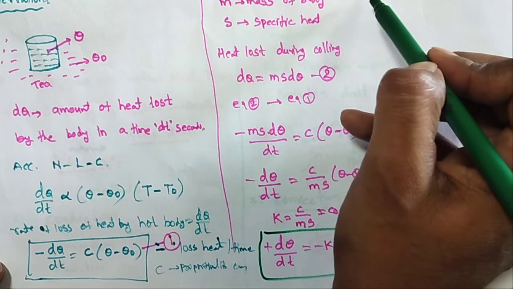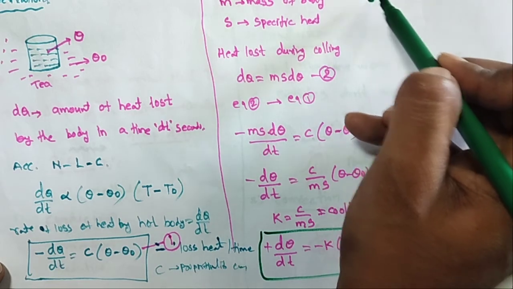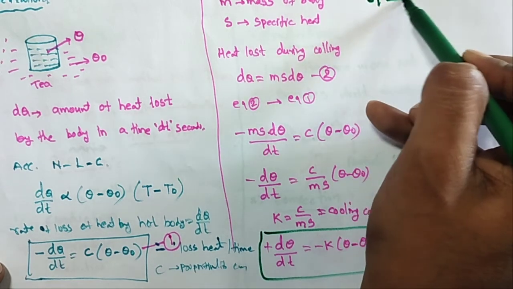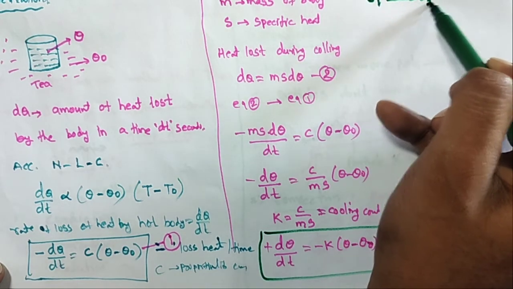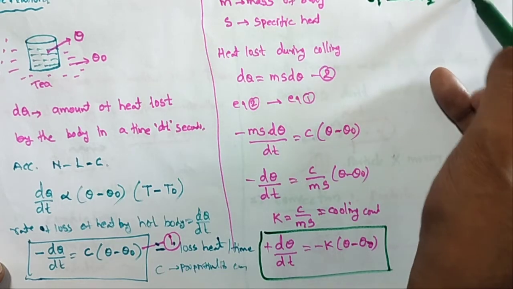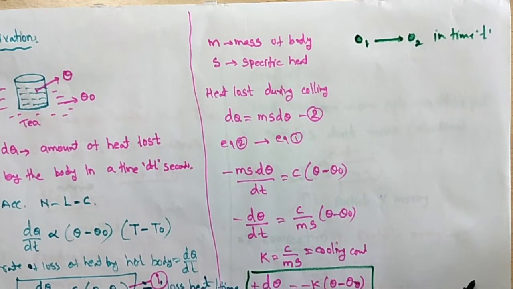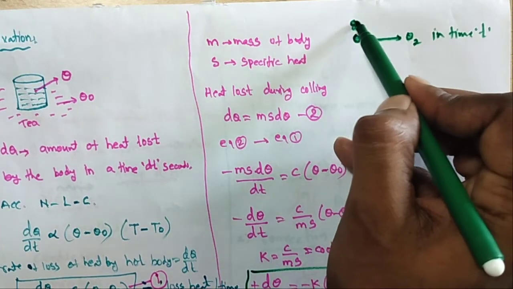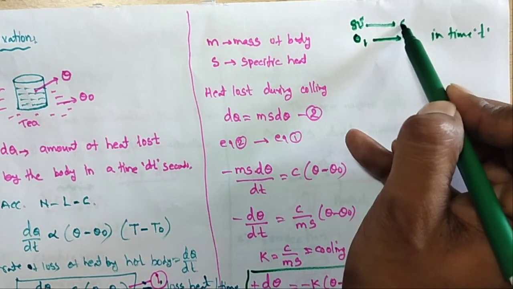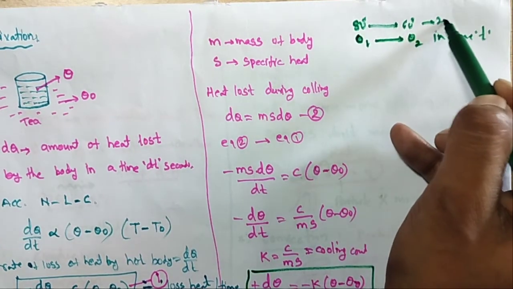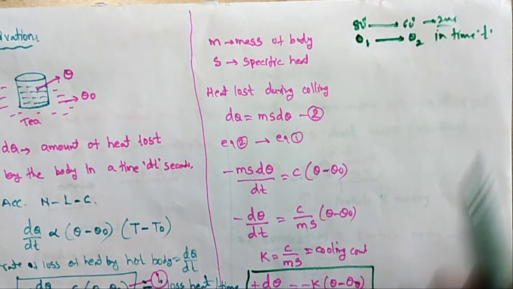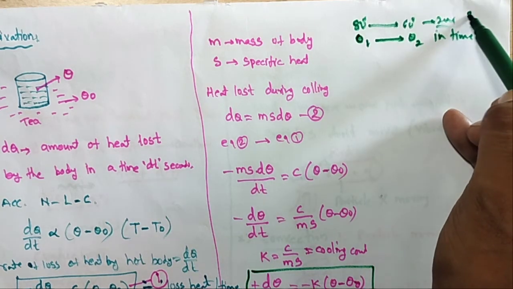Suppose the temperature changes, assuming that the body cools from theta 1 to theta 2 in a small time t. Suppose here I am taking 80 degrees to 60 degrees in a time of 2 minutes, like this. The surrounding temperature, for example, is 30 degrees.